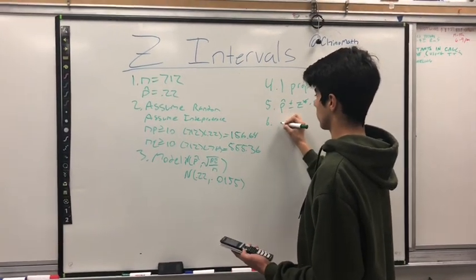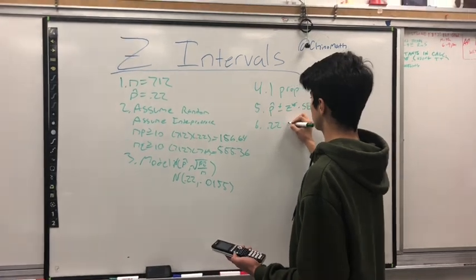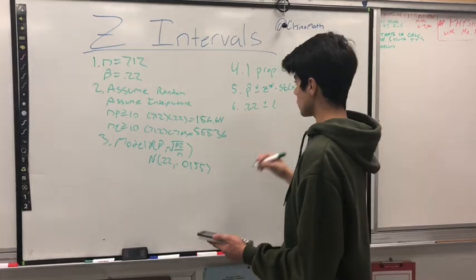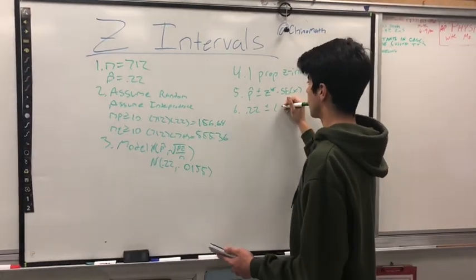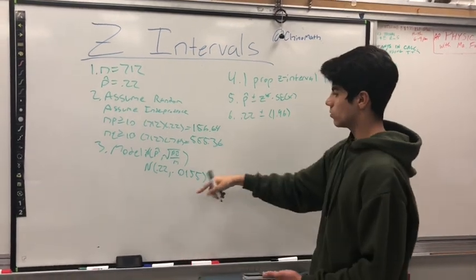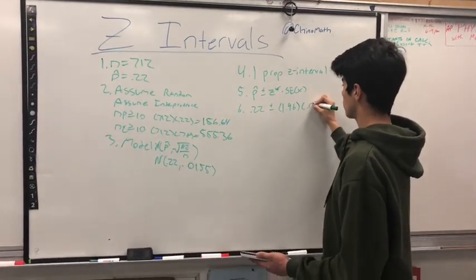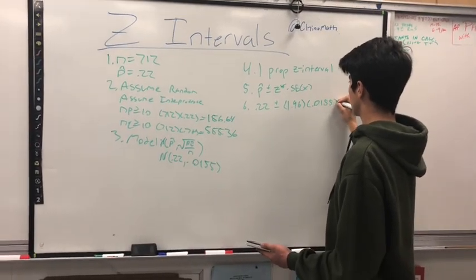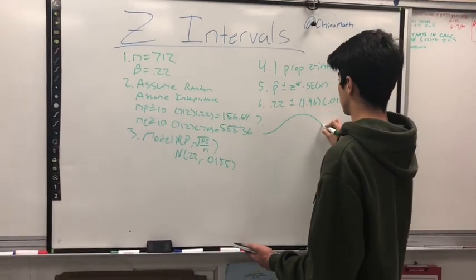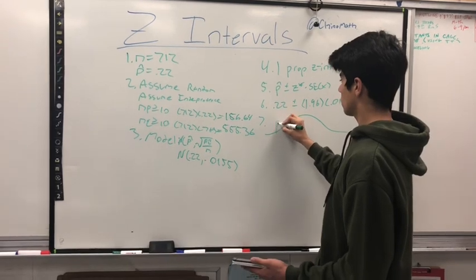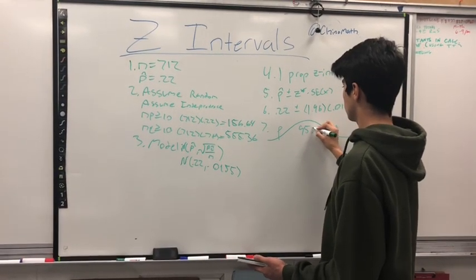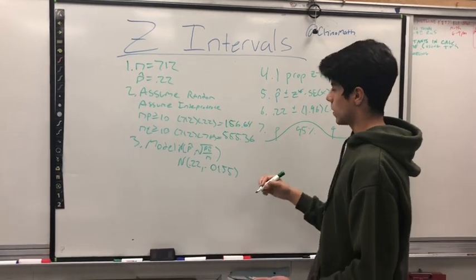For step 6, we work that out: 0.22 plus or minus, and we're at a 95% confidence interval, so we know the critical value for 95% is 1.96, times our standard error, which we found here, 0.0155. Now for step 7, I'm going to draw out my normal model. It's 95% within these bounds.